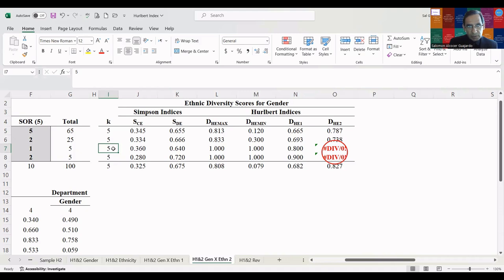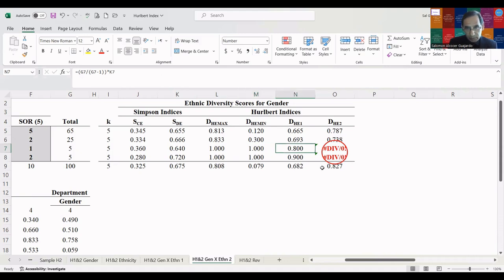So here k is 5 ethnic groups and a total of 5 individuals. So when you apply the formula for the Hurlbert maximum score, it's going to generate a value of 1. The minimum is going to be the same, 1.